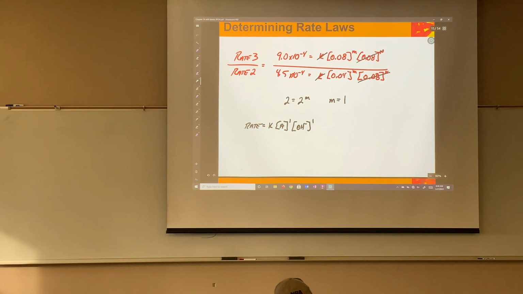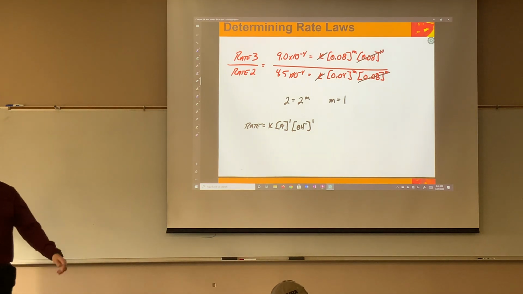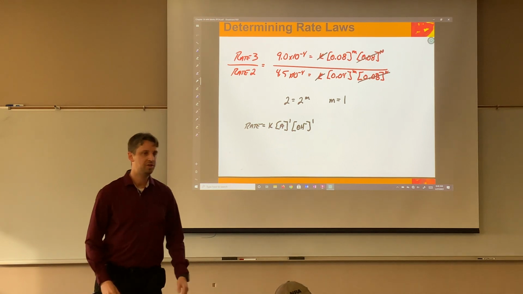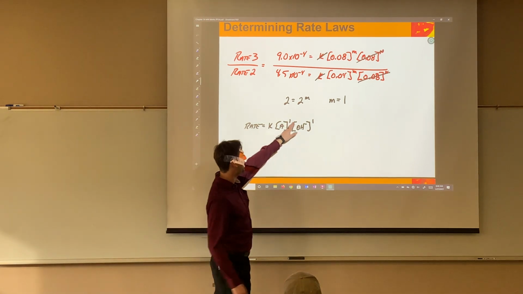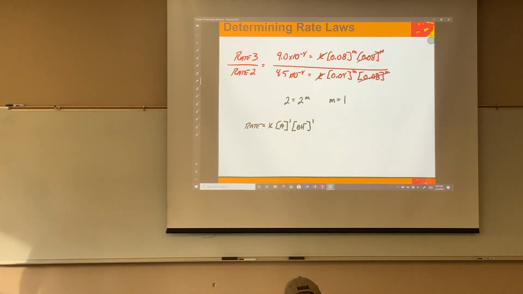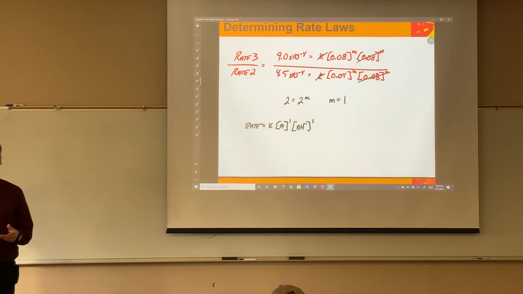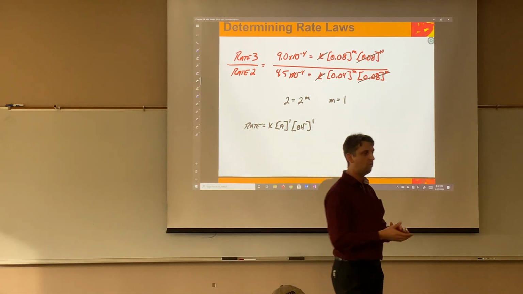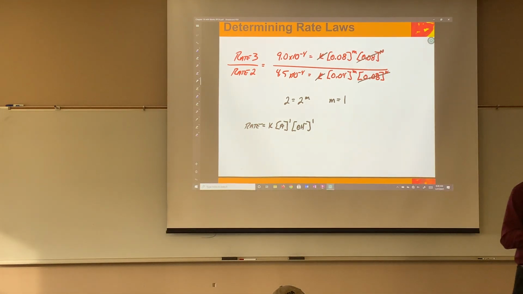Now obviously, do we need to put those 1s into our expression? No, but just for emphasis sake, these are the ones that we calculated there. Okay? So the individual orders are 1, and the overall order is 2, 1 plus 1.